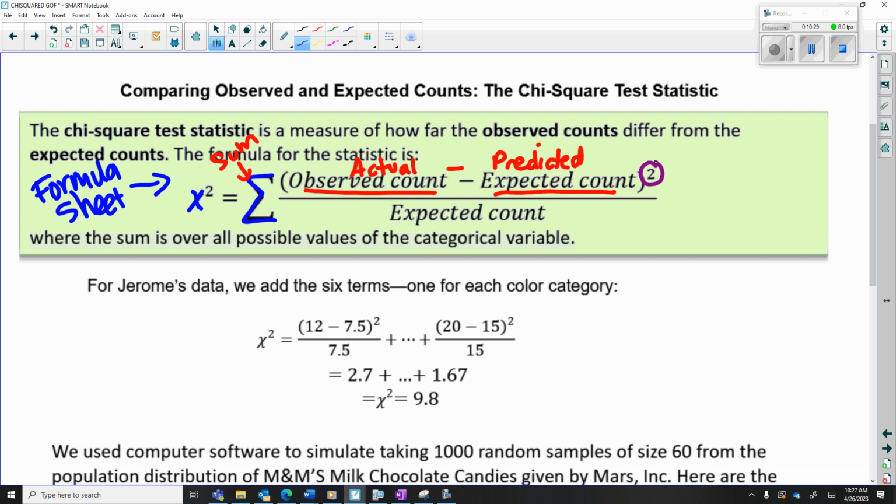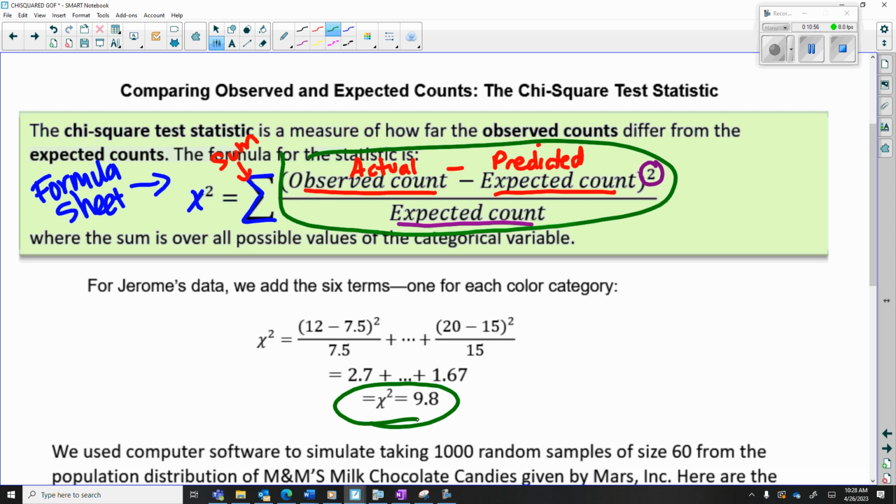So it's going to basically just become a distance away from what was expected and divide by expected to get a ratio. So observed minus expected squared over expected. That would be the one cell that we would do. And then we're going to add it all up for every single color. And that sum is going to be the total chi-squared test statistic for the entire problem.